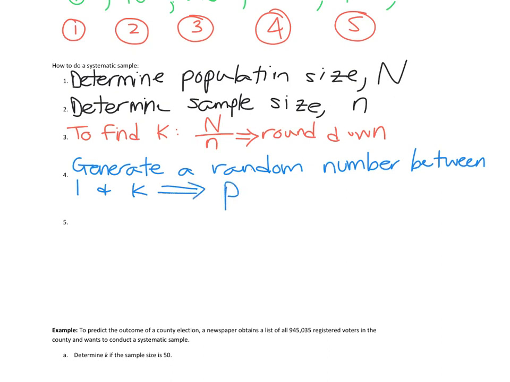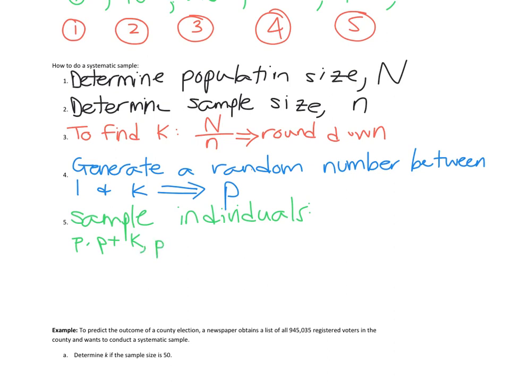Okay, so these are the individuals in our sample. We start with P, and then we're going to count K. So P plus K is the second member.